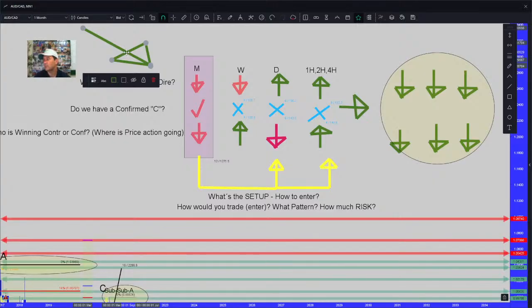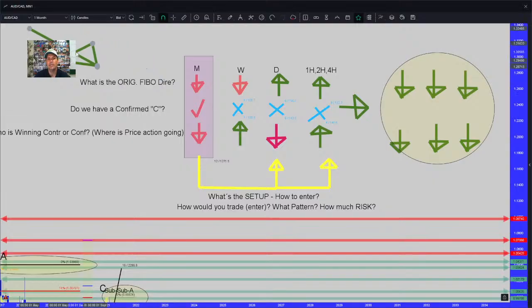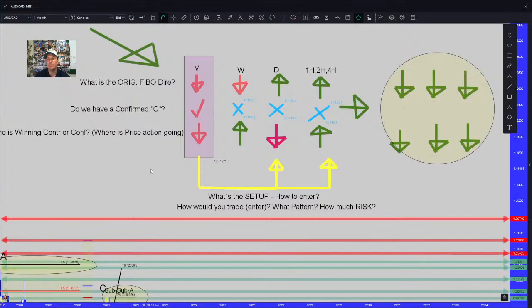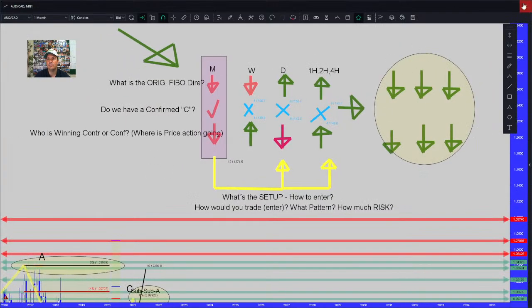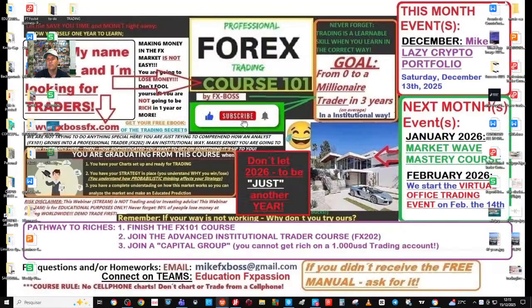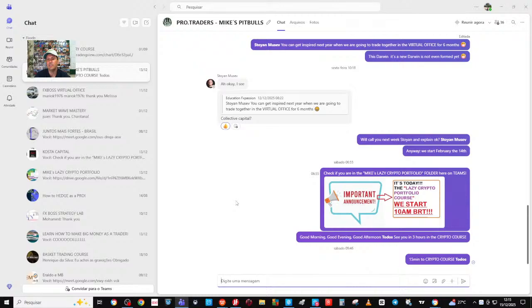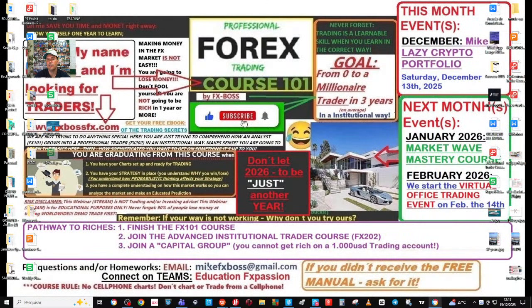Olga and Alex, you might do this, the two of you together. Analyze the currency pair with this matrix and send me your decision here on Teams, or send it to the email mikefxboss@gmail.com, alright?